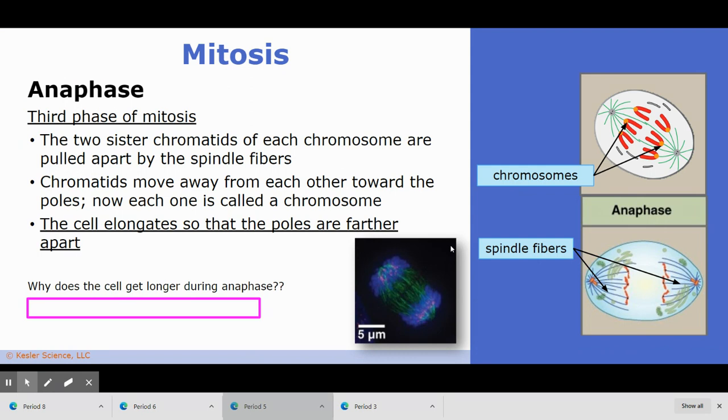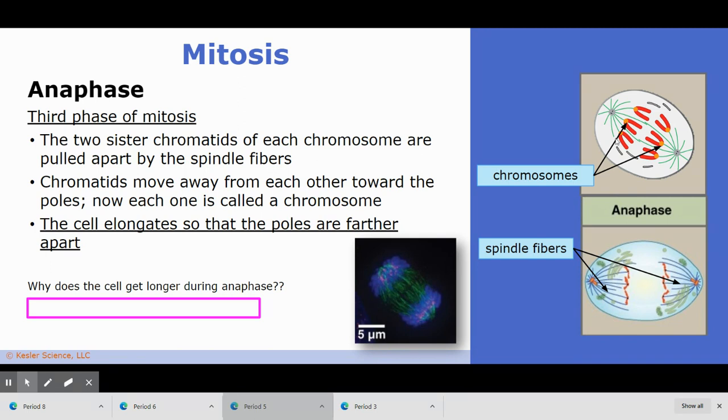In anaphase, this is the third part. The two sister chromatids of each chromosome are pulled apart by the spindle fibers. So anaphase and apart both start with the letter A. It'll help you remember what's going on with the chromosomes. The chromatids move away from each other toward the poles, and now each one is called a chromosome. The cell elongates so that the poles are farther apart.